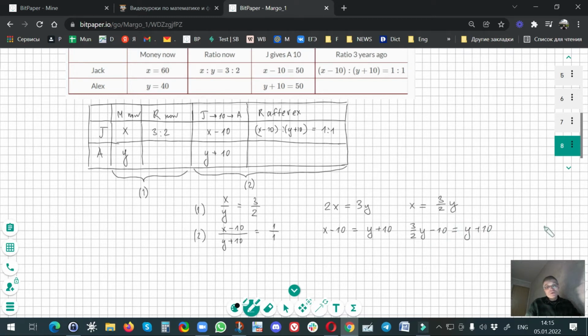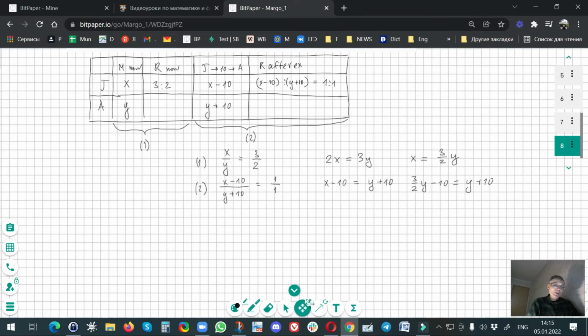And I just solve the second equation. In my wicked ways to solve such equations, I first get rid of this 2 in the denominator, because I don't like denominators. I try to get rid of them as fast as possible. To do that, I multiply both sides of the equation by 2. In this case, I get 3y, because 2 cancels.